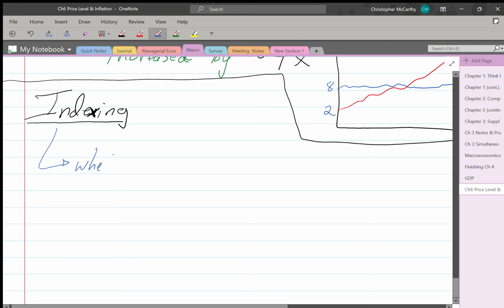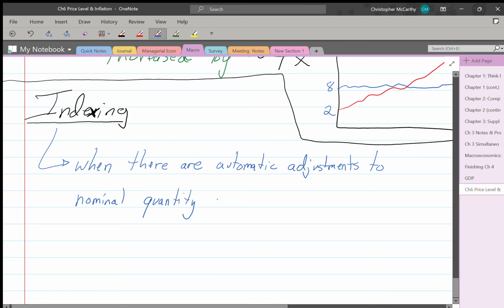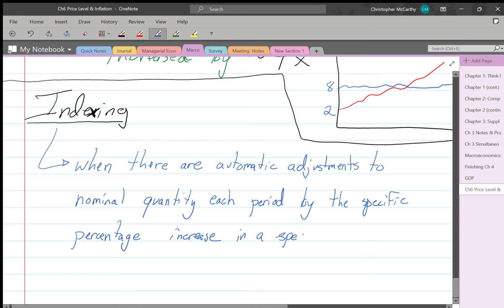This is when there are automatic adjustments to the nominal quantity each period by the specific percentage increase in a specified price index.